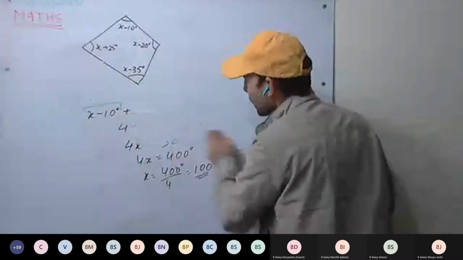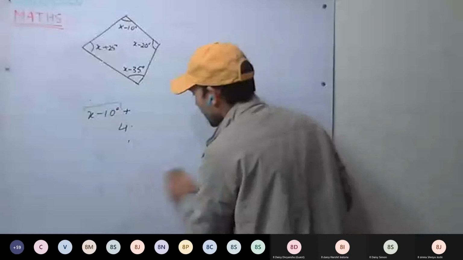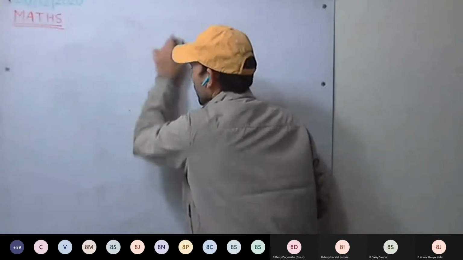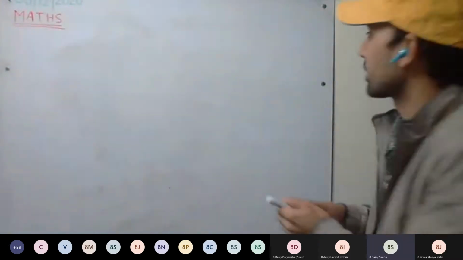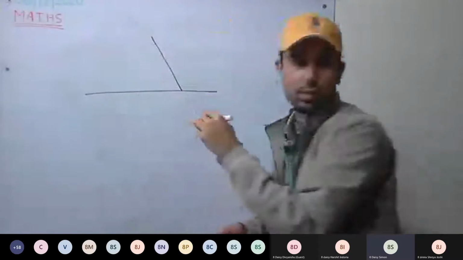Second one, you solve. Which property? One more property we will be using, I think. Sir, we would do 180 minus 120. Yes. So this is how.